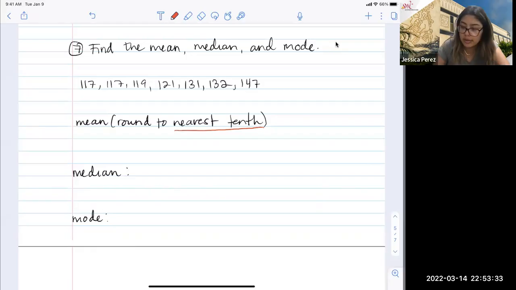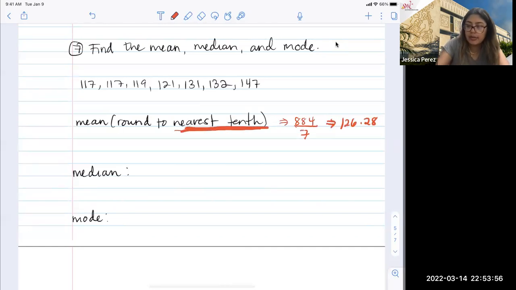That gives me a total of 884 divided by 7. So you take that number and divide it by 7, and I get 126.28. But I need to round it to the nearest tenth, so that's not my answer. It's actually 126.3. This 8 tells me to go up.